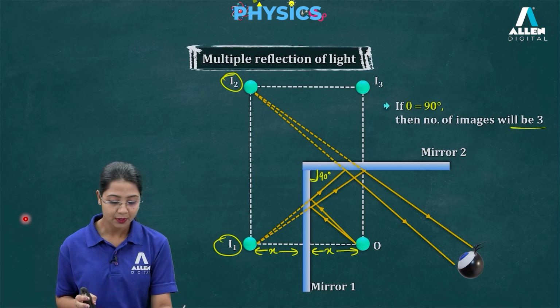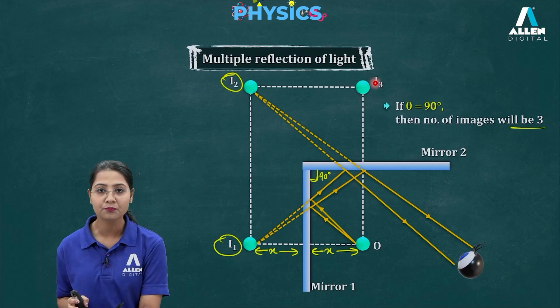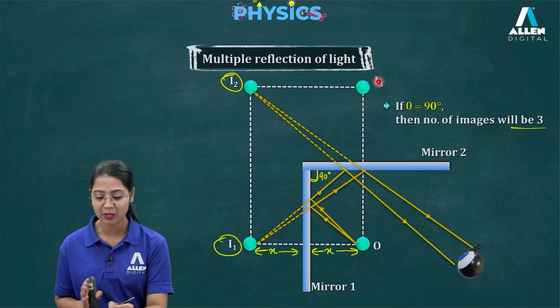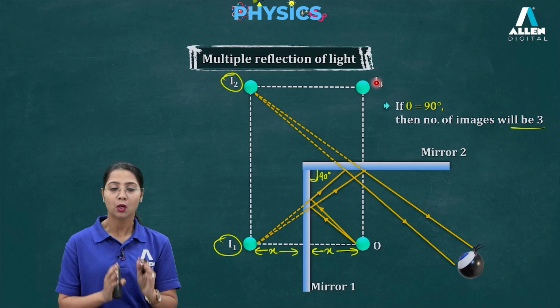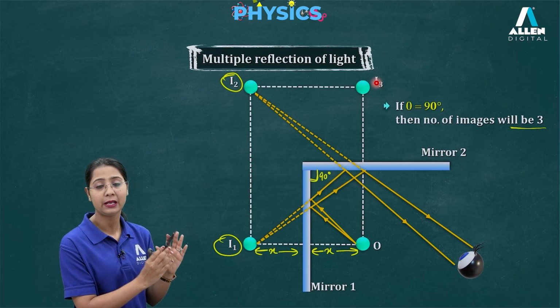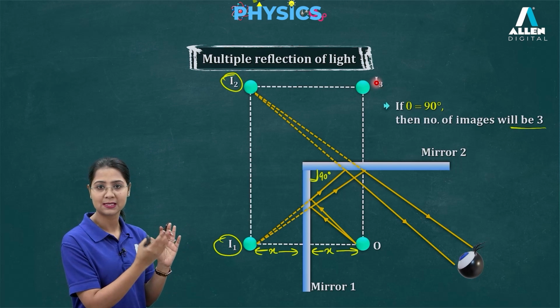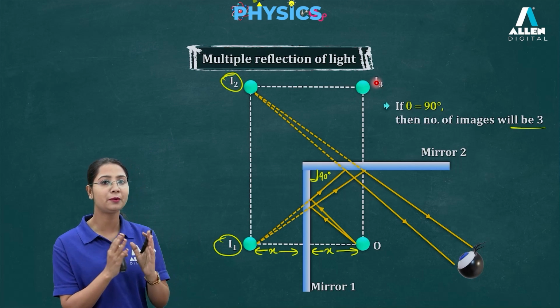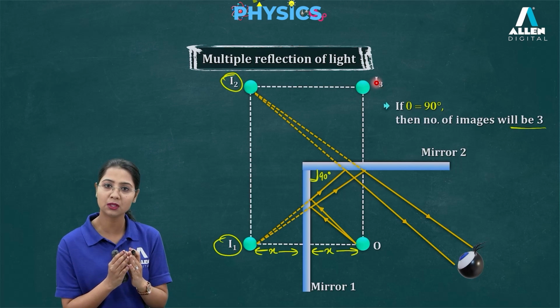Now I3. How will I3 form? Just like I1. We don't require any ray diagram for I3 because we know that whenever a point object is placed in front of a plane mirror, the image forms at the same distance. If it is placed at distance x, then the image will be formed at distance x from the mirror.